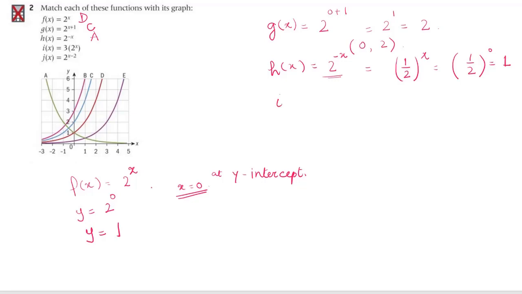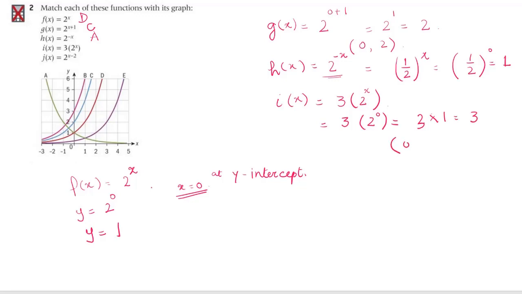Now let's check i. i of x is equal to 3 times 2 to the power x. Putting x equal to 0 in the function, 3 times 2 to the power 0 means 3 times 1, which is 3.